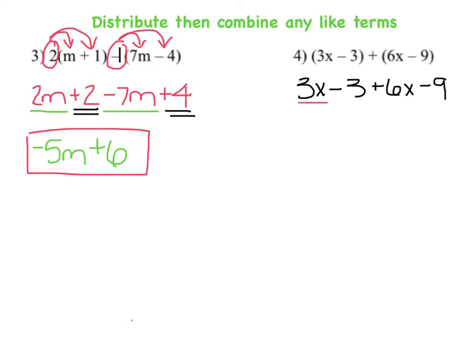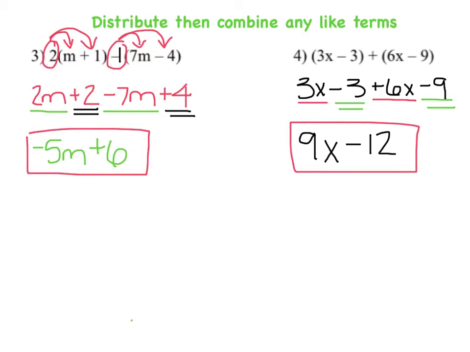The 3x combines with the positive 6x. The negative 3 combines with the negative 9. Remember, when we combine, we add. 3x plus positive 6x is 9x. And negative 3 plus negative 9 is negative 12. We can't combine any further, so that would be our answer.